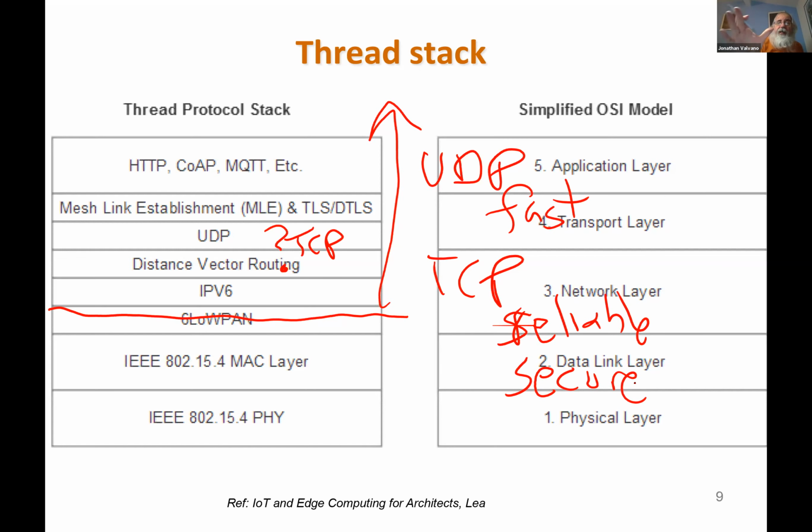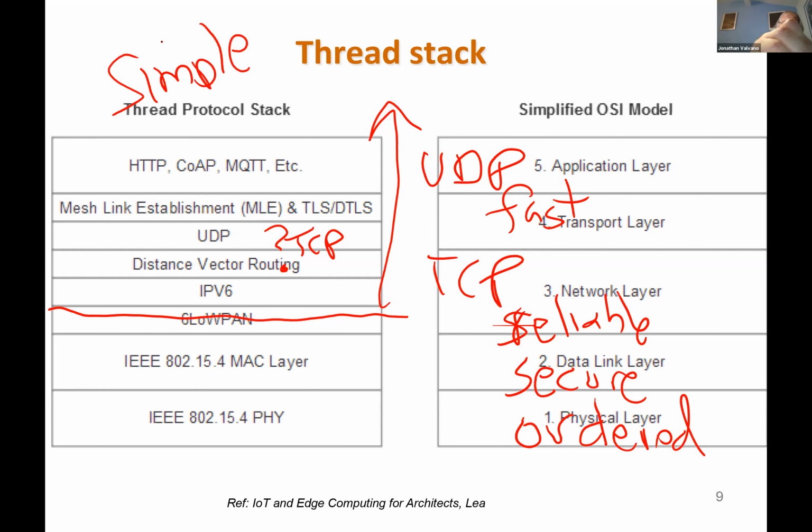You don't care about packets. TCP packets are delivered in order. UDP is meant for fast delivery, without reliability, security, authentication, all that stuff, and doesn't have to be in order. Okay. So it's meant for, again, simpler, right? The whole idea here is this is much simpler than a full internet.